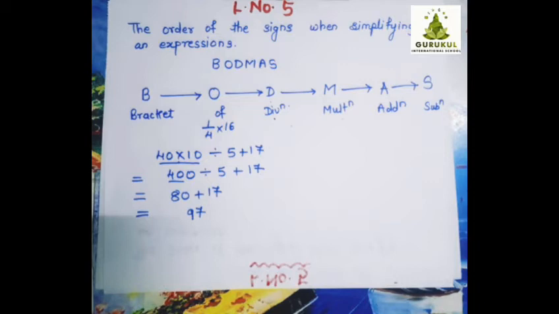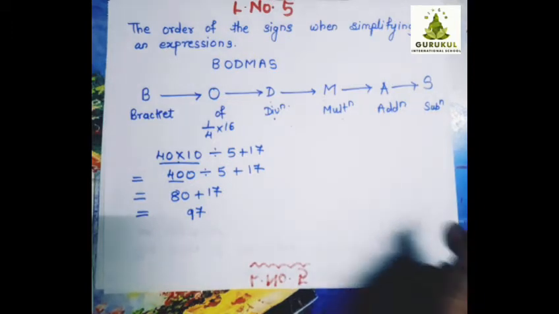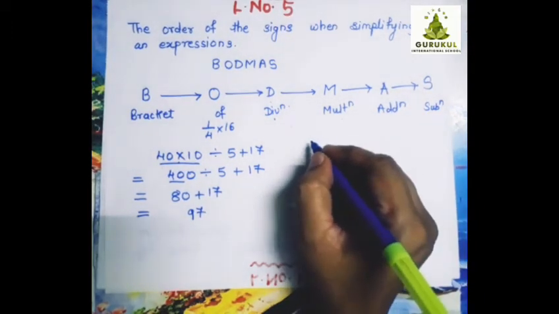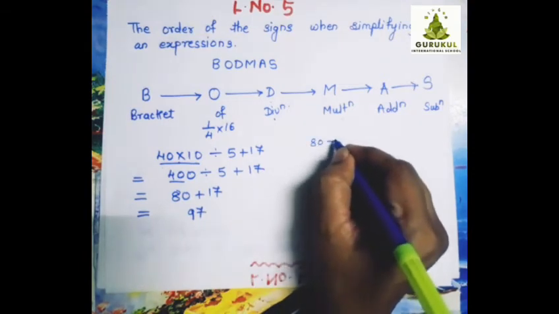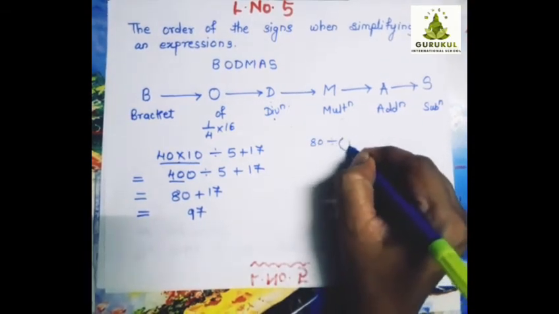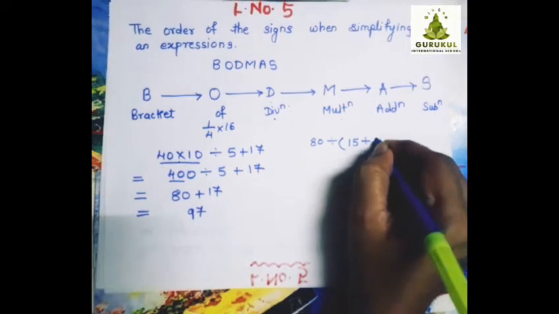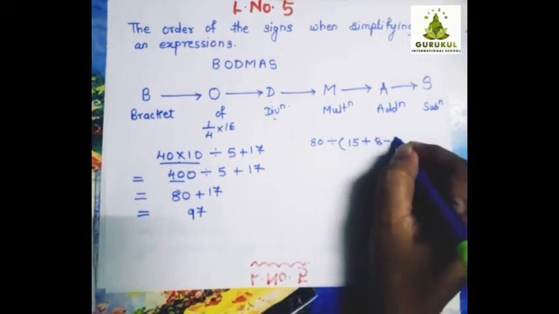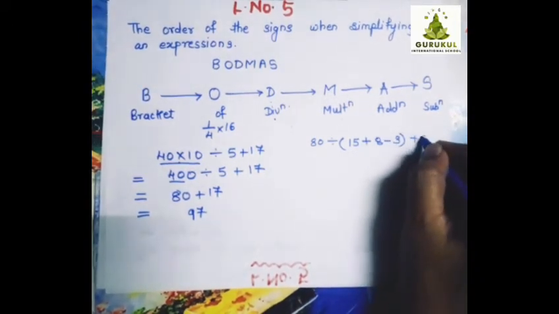In your textbook, page number 41, it is given to you. You can copy this in your notebook, along with the practice set. Next one, they have given 80 divided by, into bracket, 15 plus 8 minus 3 plus 5.